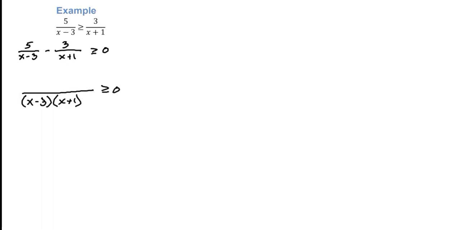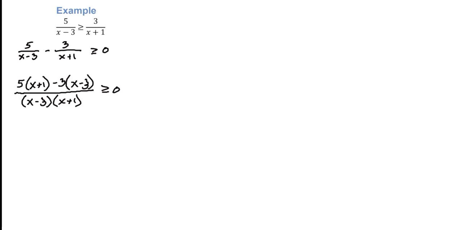The original numerator in the first fraction is 5. To get the equivalent numerator with our new fraction, we need to multiply that 5 by x plus 1. The original numerator in the second fraction is minus 3. To get the equivalent numerator, we need to multiply that by x minus 3.